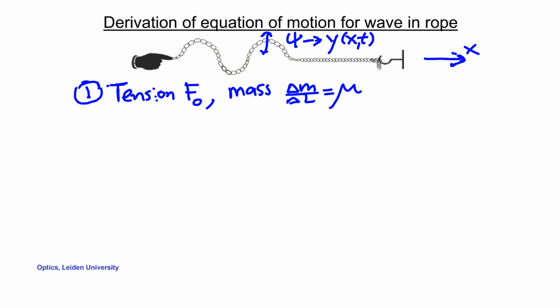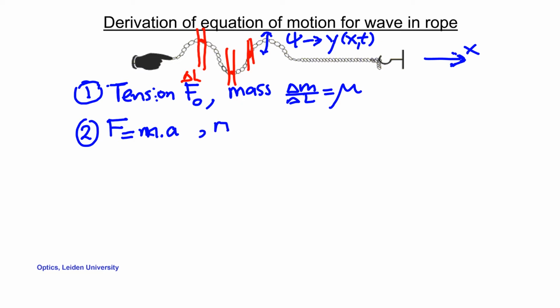So to derive the dynamics of a wave in a rope, what I will do is I will look at dynamics of a particular segment of length delta L. A segment here, but it could also be a segment here or a segment there. And I will describe the dynamics of these segments as you do in classical mechanics by the equation F is m times a.